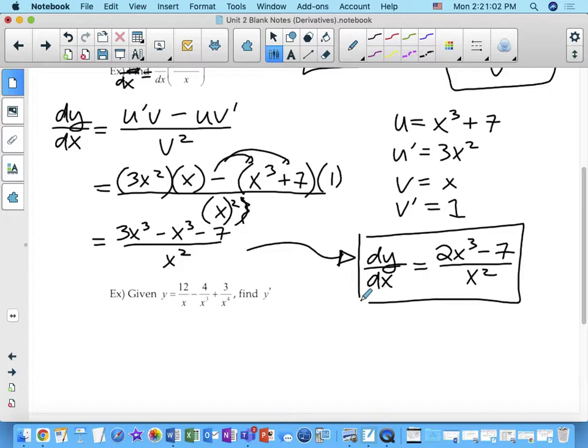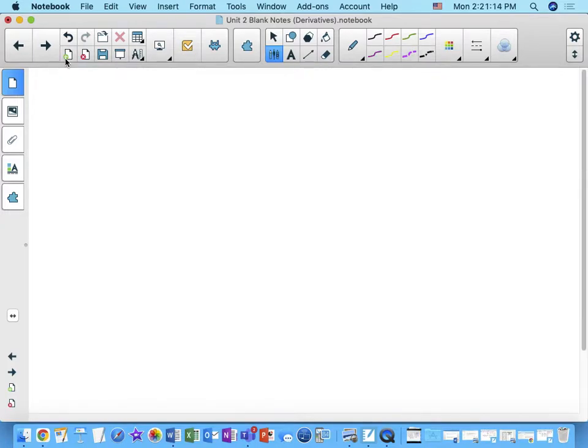Okay, so let's talk about why this is the way it is. So if you want to write this down, you can. If you want to just sit back and enjoy and take it in, you can do that too. Okay, so to simplify things a little bit, I'm going to take out the function notation.